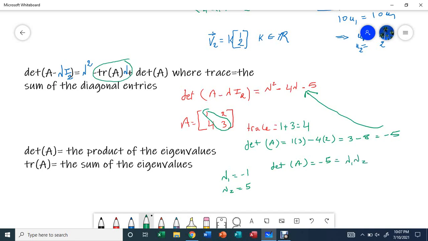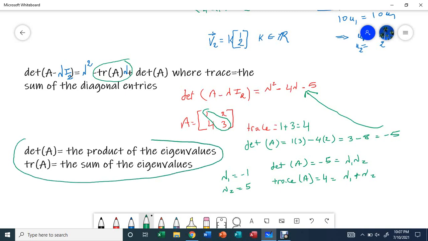Also, the trace is the sum of the eigenvalues. The trace of A is 4, which is the same as lambda 1 plus lambda 2, negative 1 plus 5, which gives a positive 4. That's also an explanation for this fact.